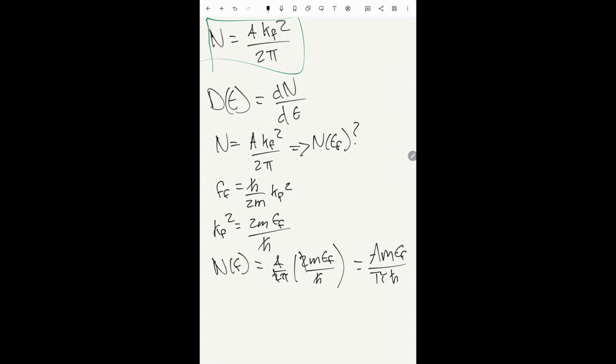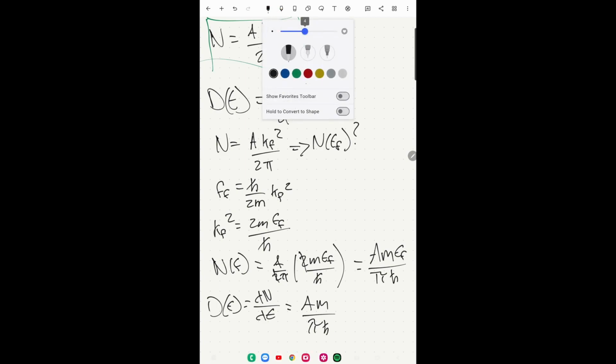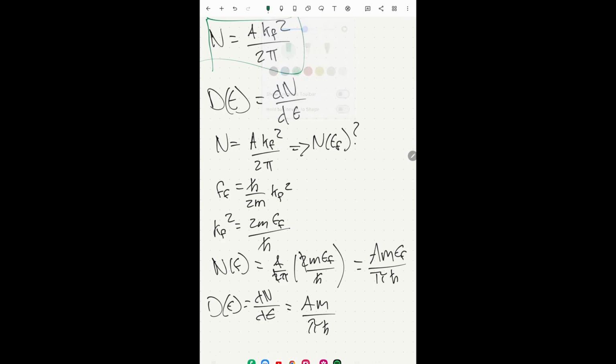So if the density of states is equal to dn dE, this is now equal to A m over 2 pi h bar squared. I'll also box this in green for you guys.